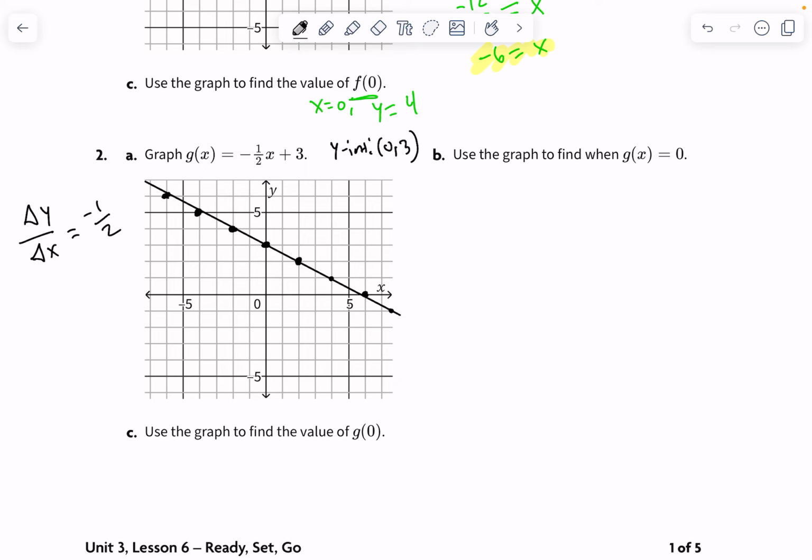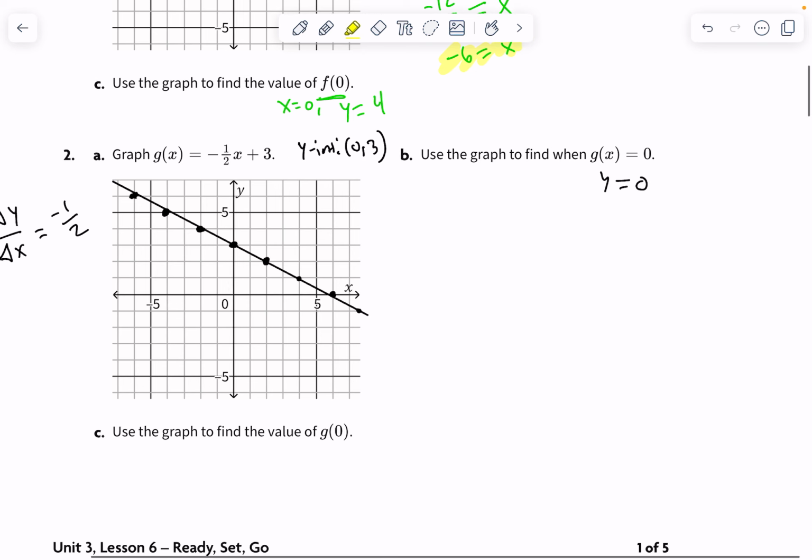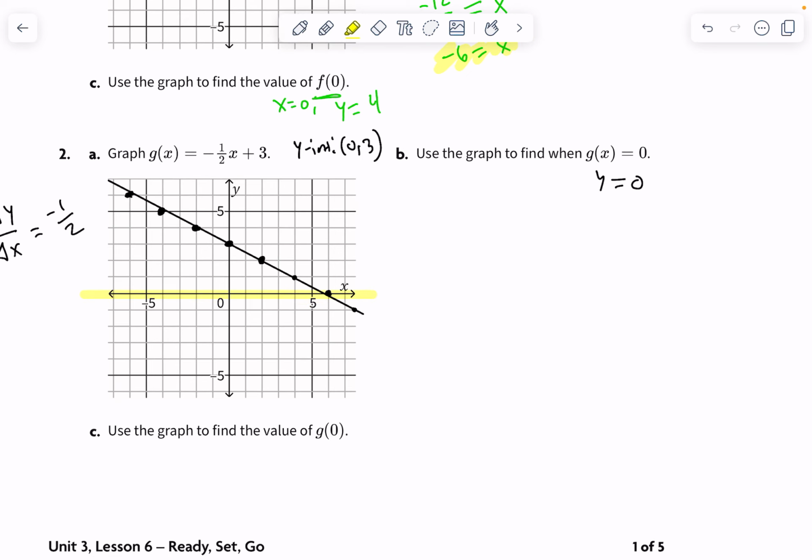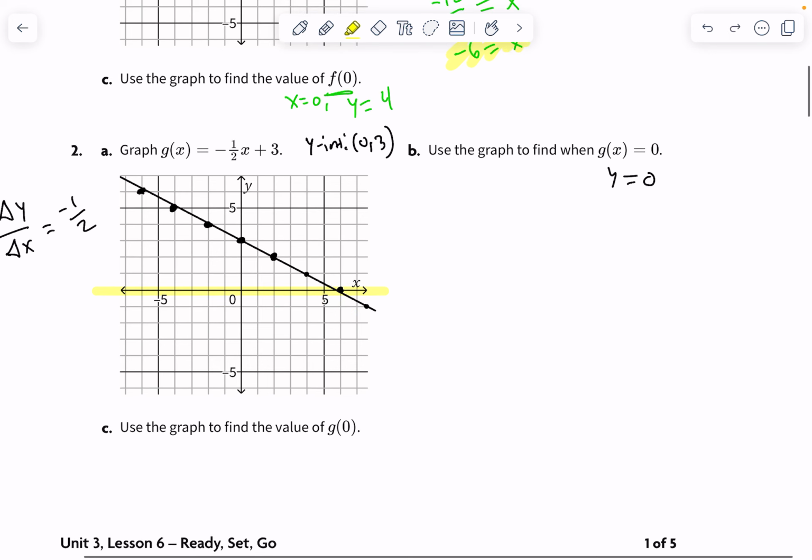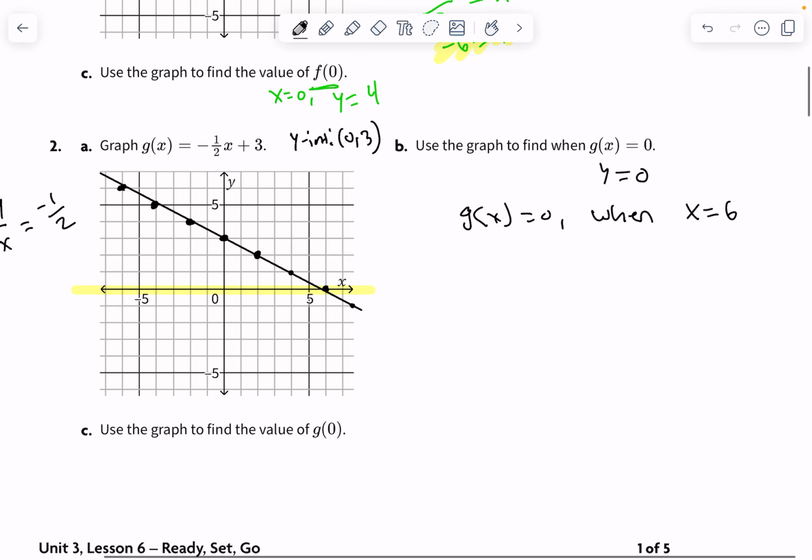Now, when is g of x equal to 0? That means when y is equal to 0. So y equals 0 is right here. What x value is that? When x is equal to 6. Very nice. So g of x equals 0 when x equals 6. That's graphically.